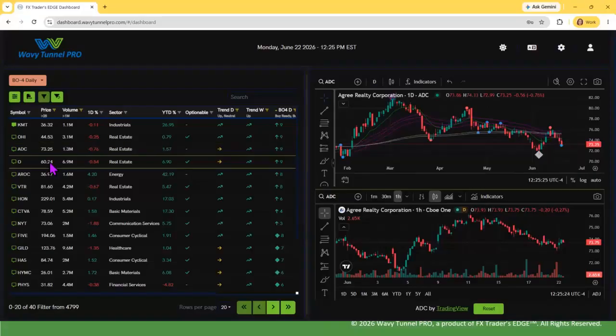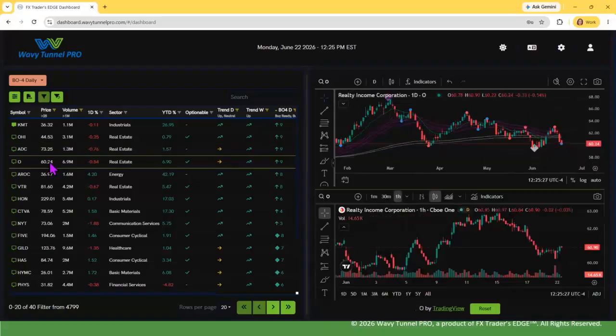Let's go on to, oh, this is another real estate income company. And the current market is up a little bit. Even though the wave is in the tunnel, it is still pointing down a little bit. I would definitely want to wait with this one to see if we could close above the filter again.